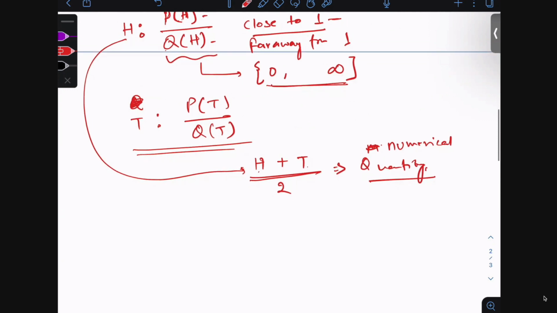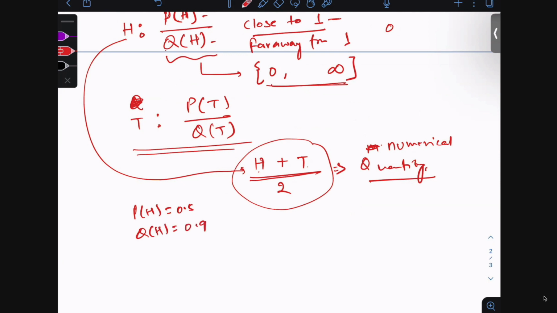Now there is some problem with that. Let's try to see what the problem is. In case we do this and try to arrive at a quantity like this, what was the P? The probability of head was 0.5. So my PH is 0.5. My QH is 0.9.